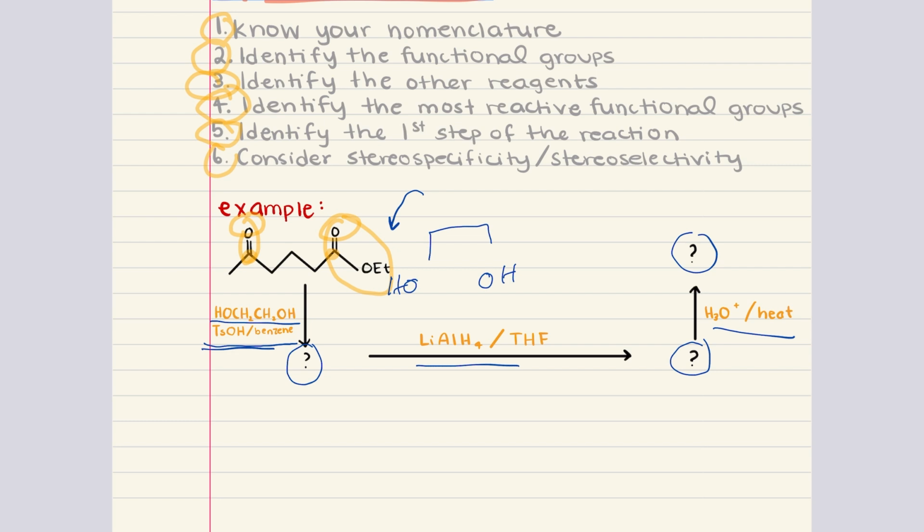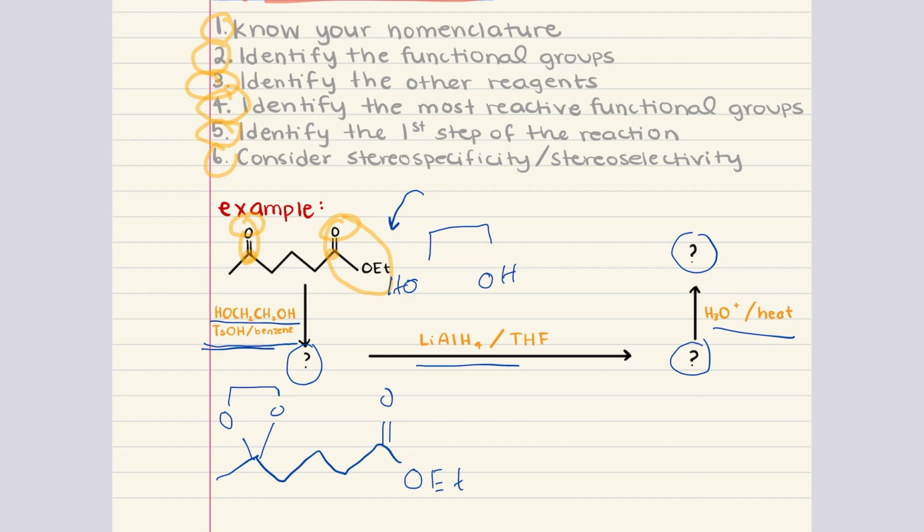This protection prevents the ketone from undergoing unintended reactions in subsequent steps. So from this first step, we do nothing to our ester group, but our ketone is now protected through this protection group, and it forms a cyclic acetal.